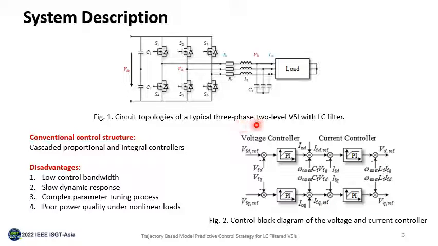The advantage is obvious: this kind of linear controller outputs high-quality voltage waveforms. But the disadvantages are also annoying, like low control bandwidth, slow dynamic response, complex parameter tuning process, and poor power quality under nonlinear loads.